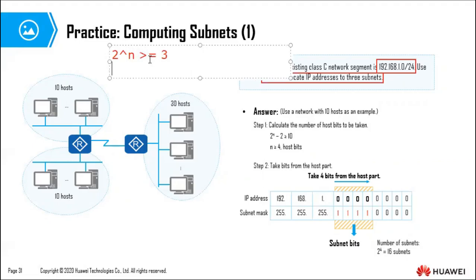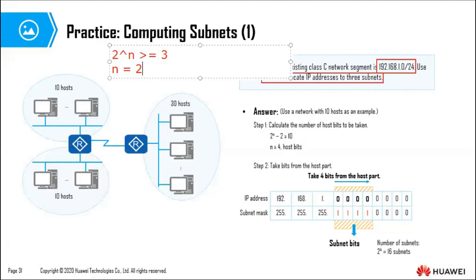So what will be our n? 2 raised to power 2, right? So 2 raised to power 2 is 4. Yes, you want anything that is greater, because we need 3 subnets.